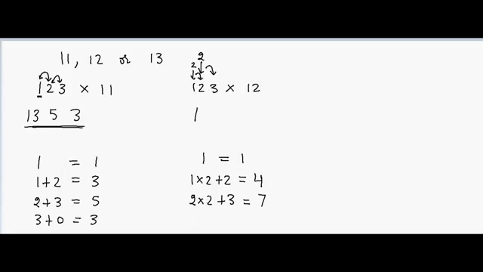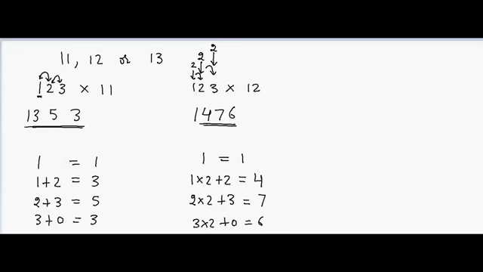And then for the last digit I'll take the last digit and multiply by 2. So 3 into 2 plus 0, that will be equal to 6. So the answer will be equal to 1476. So basically I am multiplying each digit by 2 and then adding the next digit into it.